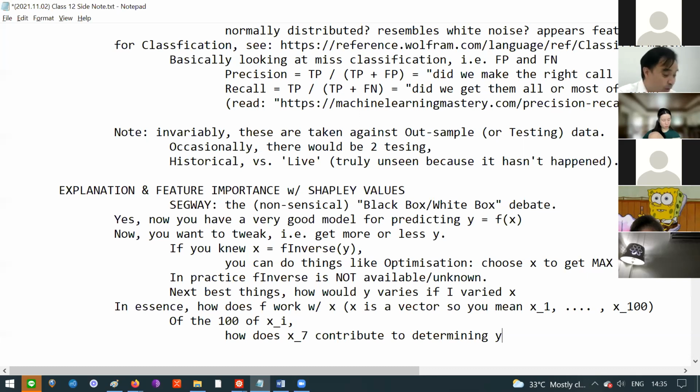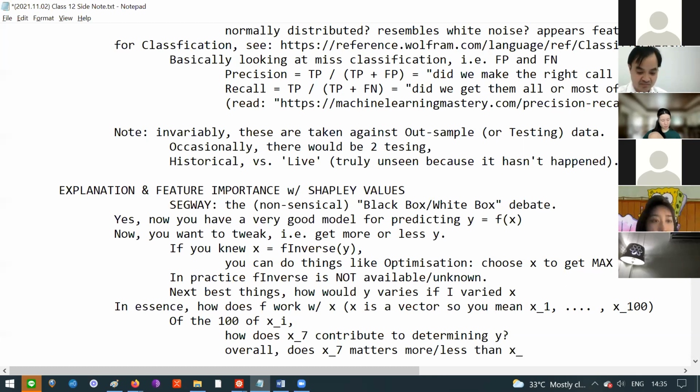This is the sort of thing you want to ask. You can ask something else: overall, does X7 matter more or less than another X? Whatever. So this is the sort of thing you want to do.